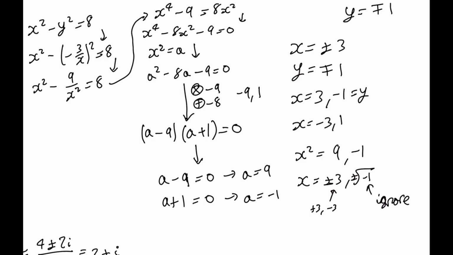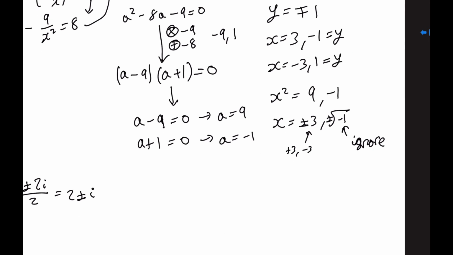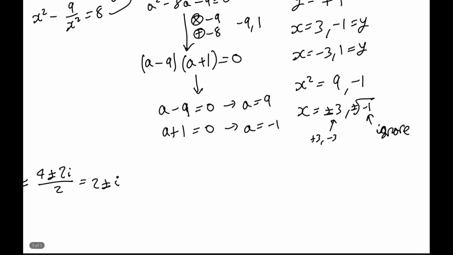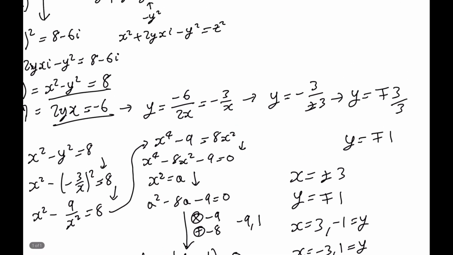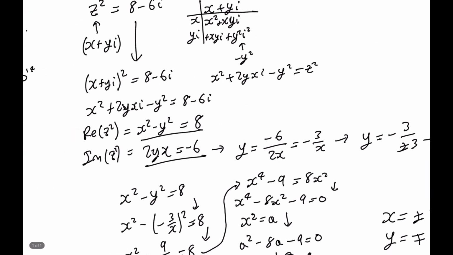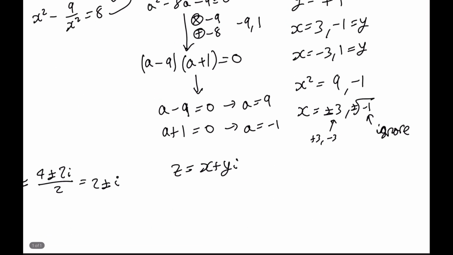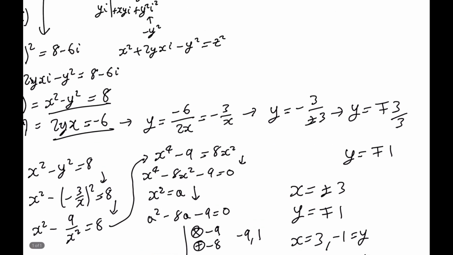So if we substitute this into z equals x plus yi, which we defined at the start over here, we either have 3 minus i, or minus 3 plus i. And these are the two possible values of z from this equation.